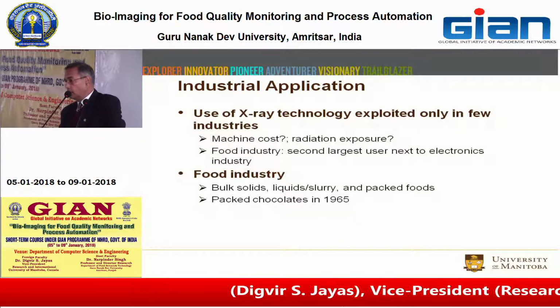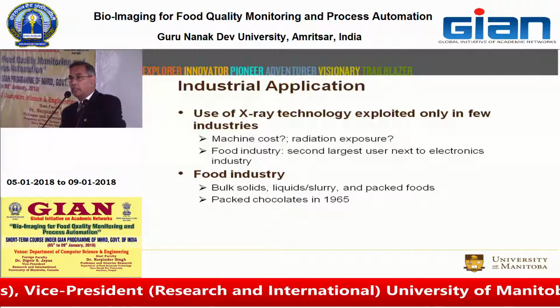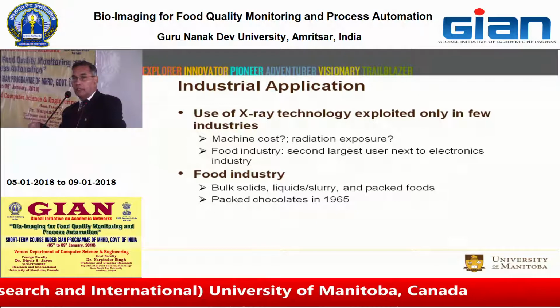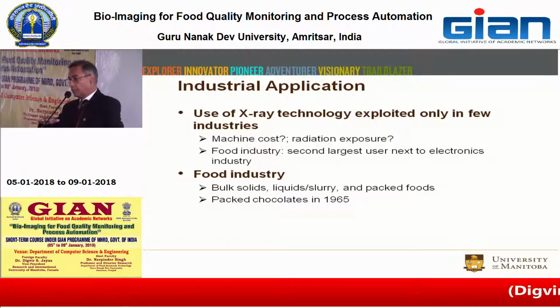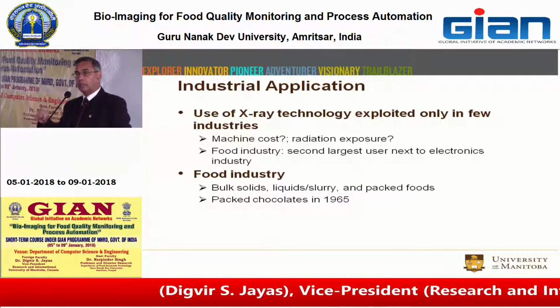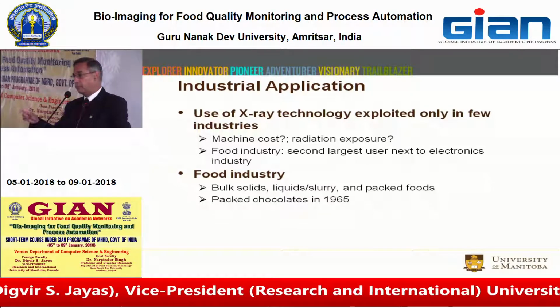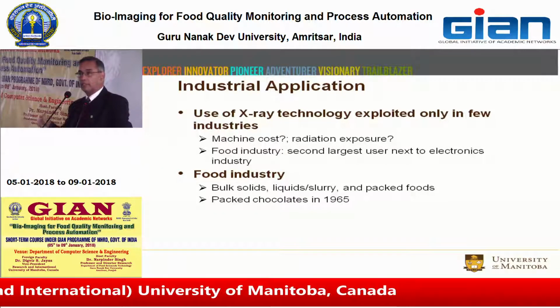But currently the food industry is the second largest user, next to the electronics industry, of X-ray systems, particularly the hard X-rays for detecting contaminants in food. It has been used for bulk solids, liquids, packaged foods, and packed chocolates.